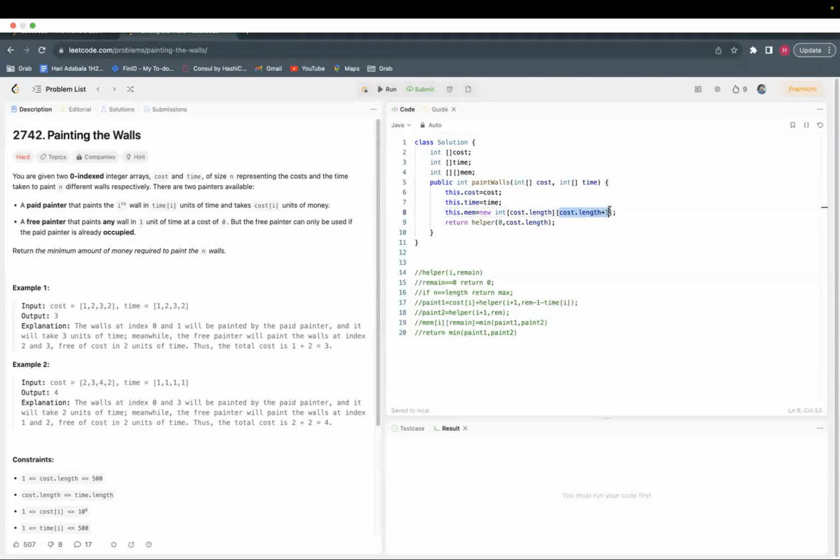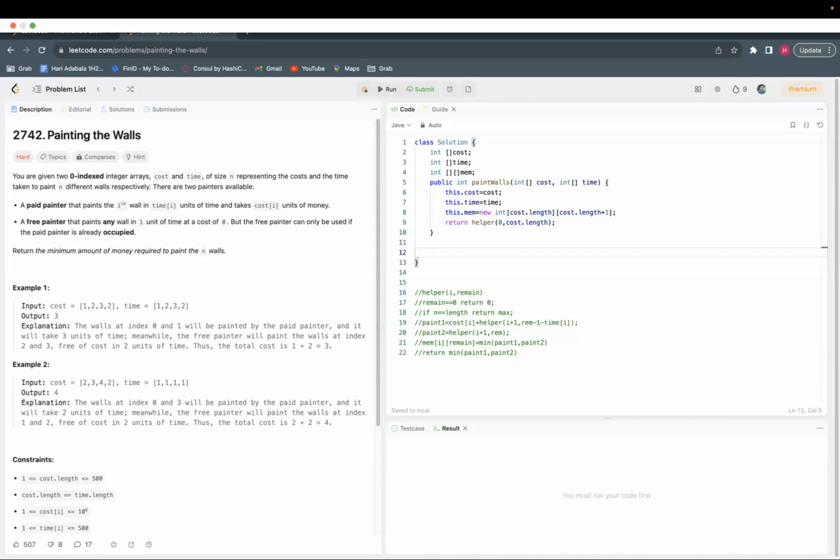Yeah, length plus 1 because we need to complete the time, right? And this is the number of walls, so we need to iterate through and complete all the walls. So we need the nth index. So our answer will be present at the nth index.